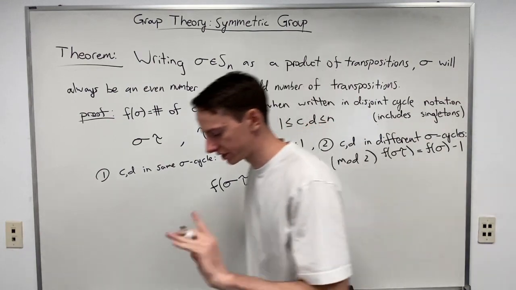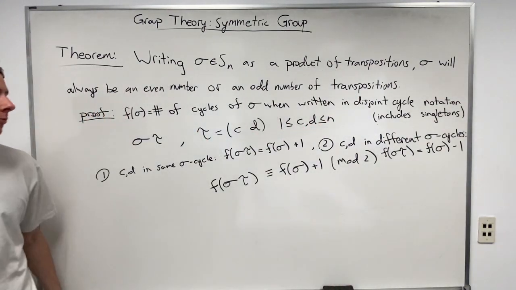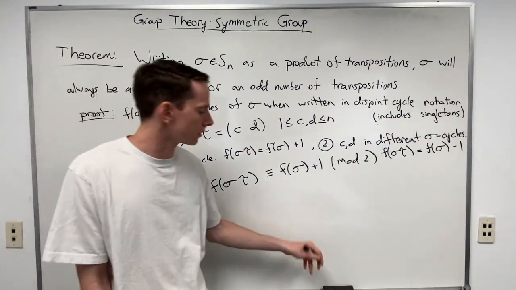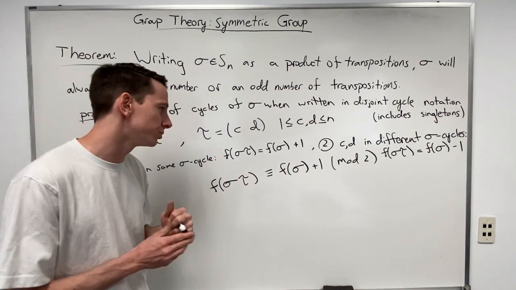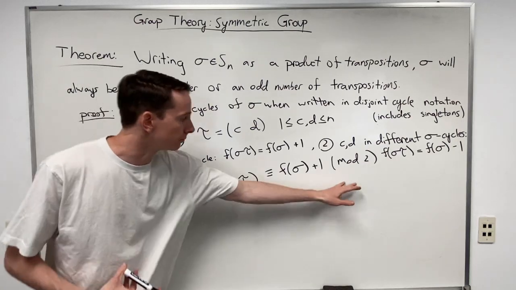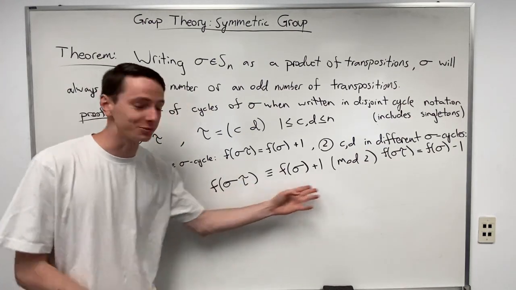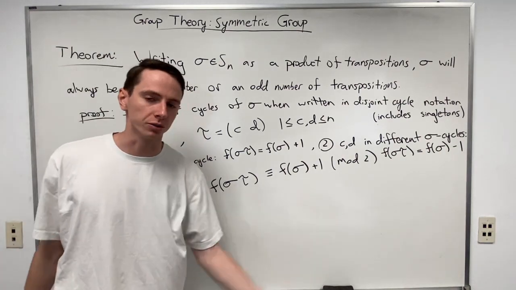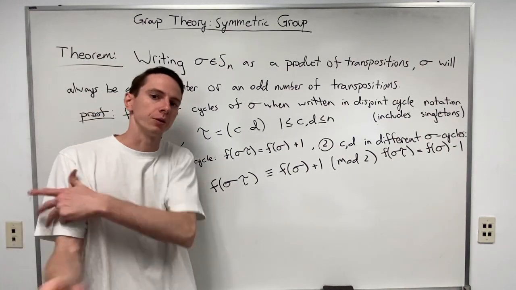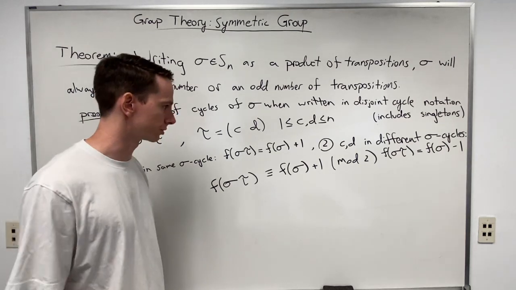That's just another way of saying that the sign gets swapped, right? If we haven't seen introductory number theory, it's not a huge deal. I'm telling you what this means: we're swapping the sign of the number. But I'll also link some videos that I've made previously in the video description.